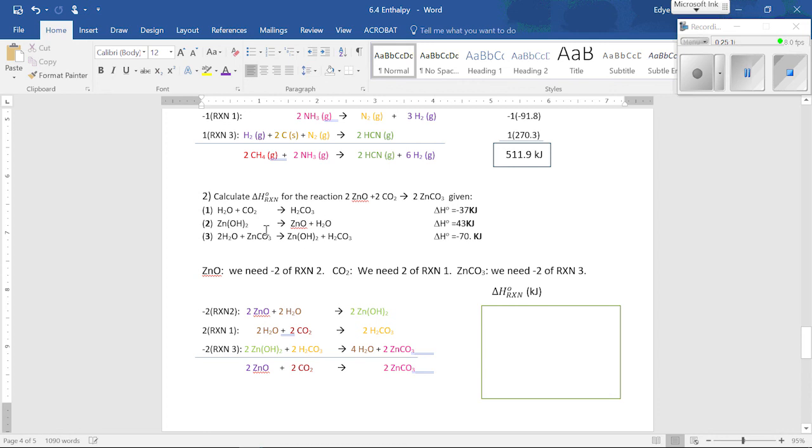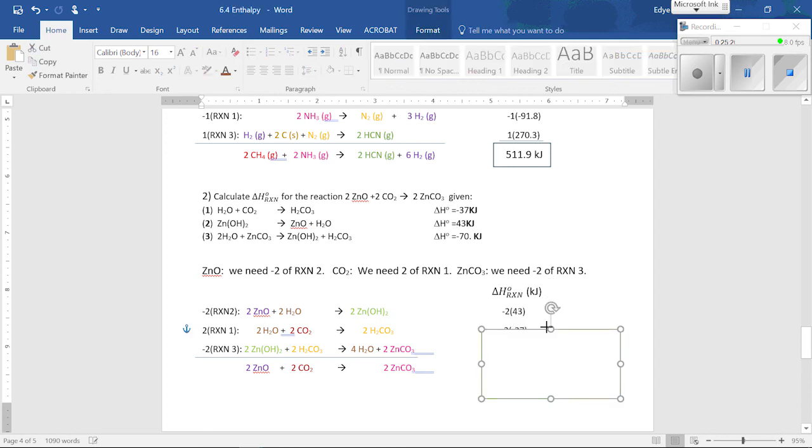So reaction 2 was 43, but I multiplied that by -2 because that's what I did to the reaction. And then reaction 1, I needed 2 of reaction 1, so I multiply the heat of formation of reaction 1 by 2. And then I need -2 of reaction 3, so I need -2 times -70.